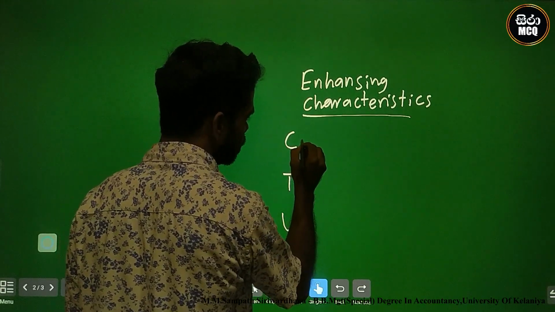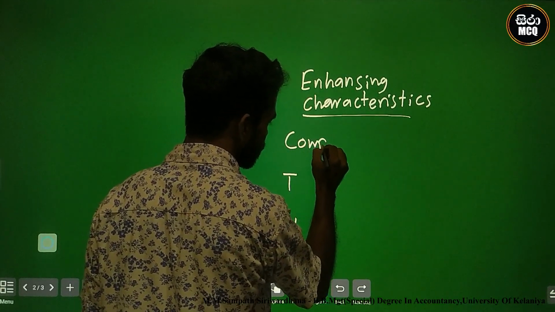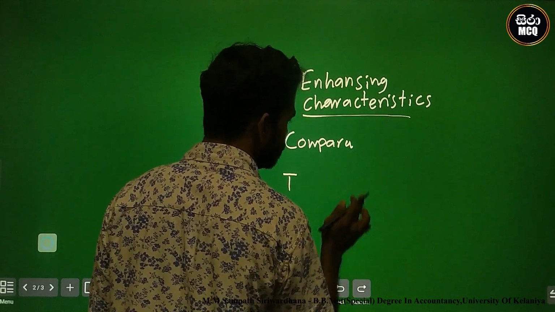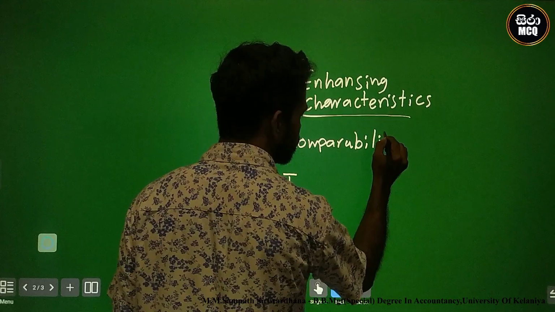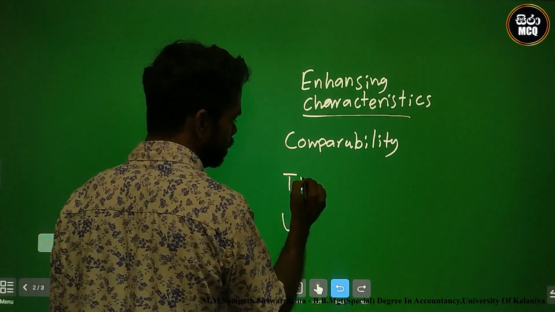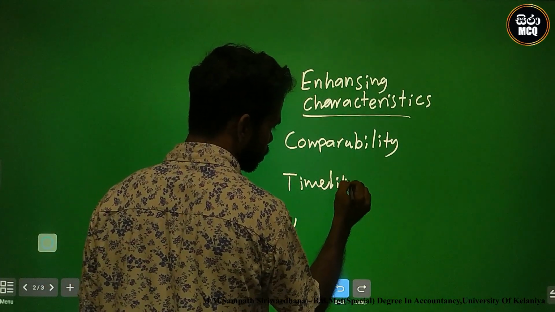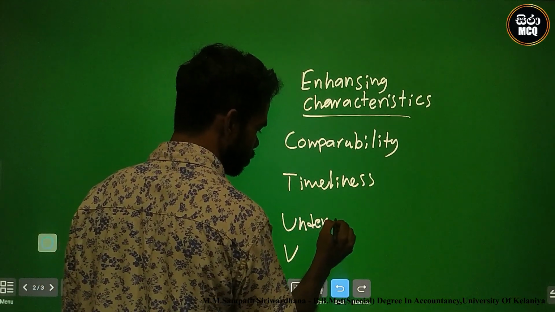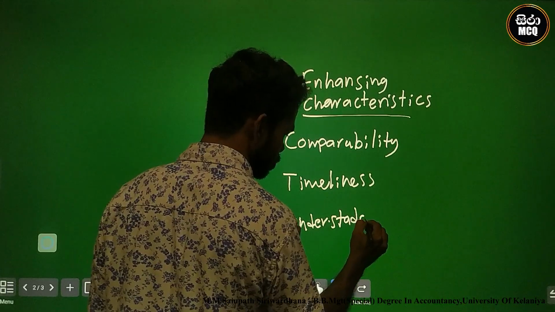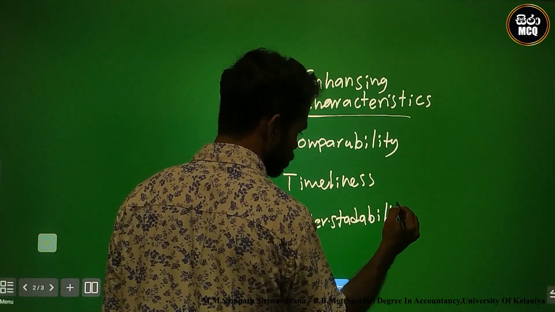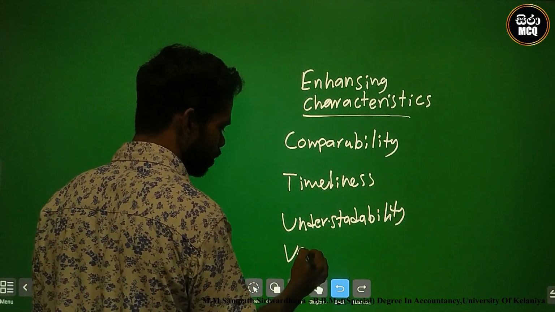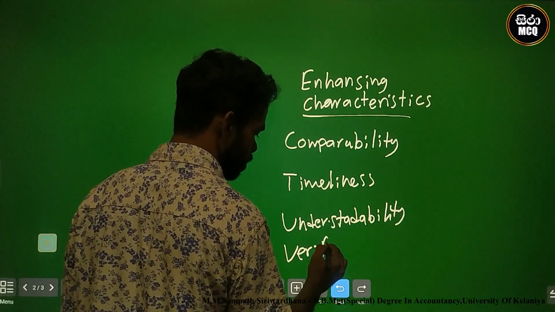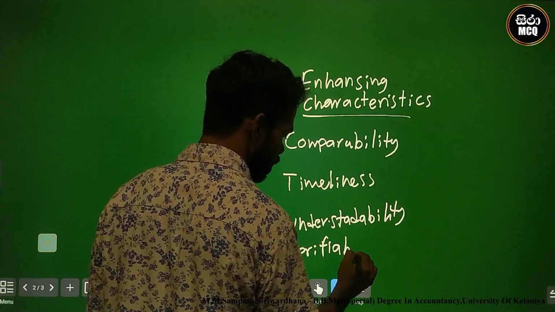The C is comparability. T is timeliness. U is understandability. V is verifiability.